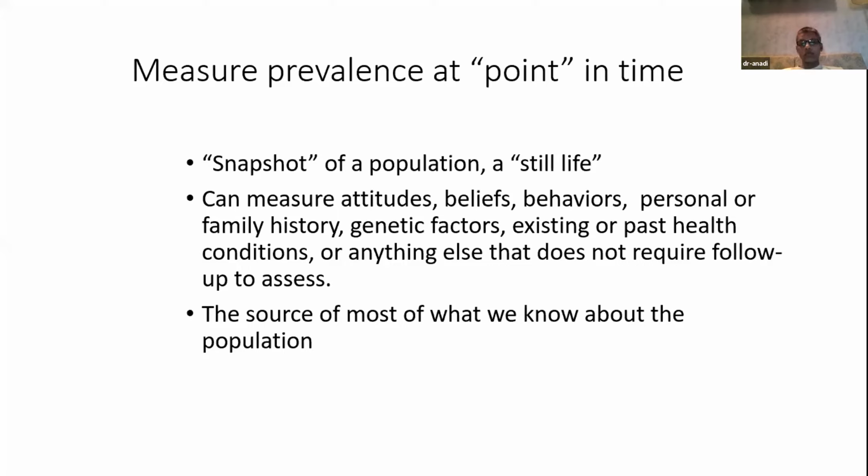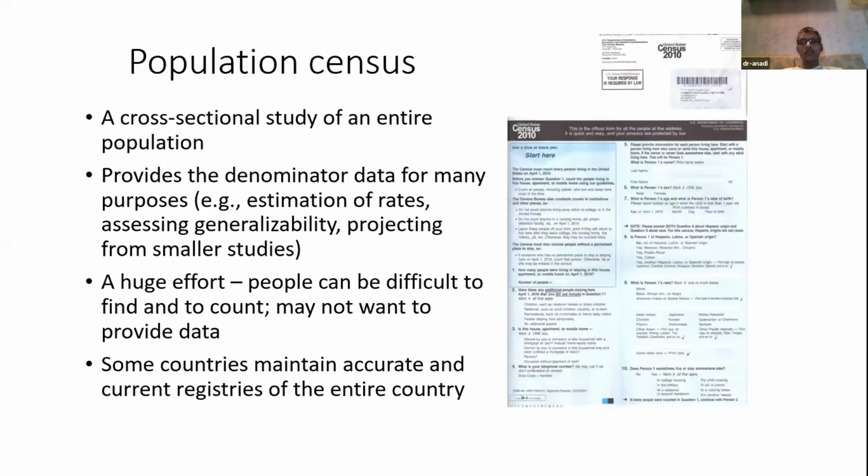The source of most of what we know about the population is census data that is applicable to a whole country. That is nothing but the largest cross-sectional study of the entire population that is done every 10 years in our country.